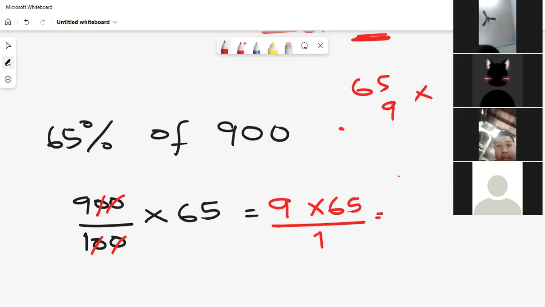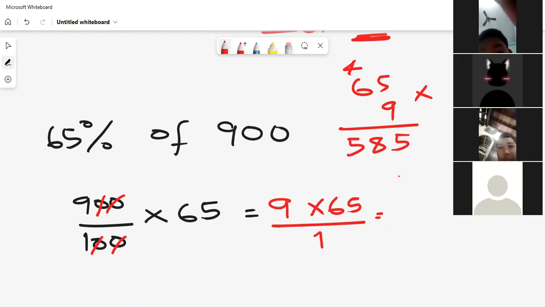65 times 9, 9 times 60, 9 times 5. 45. 9 times 6 is 54, plus 4 is 58. Oh, 585.